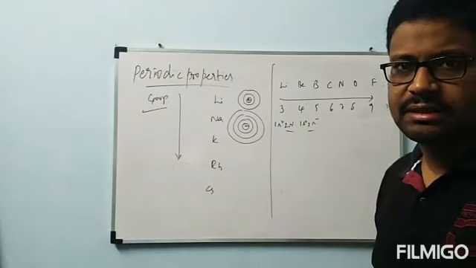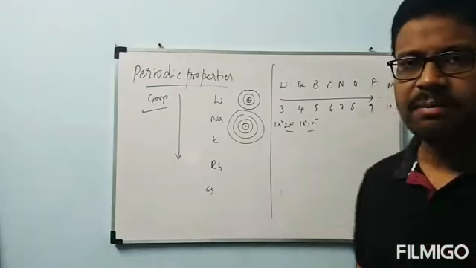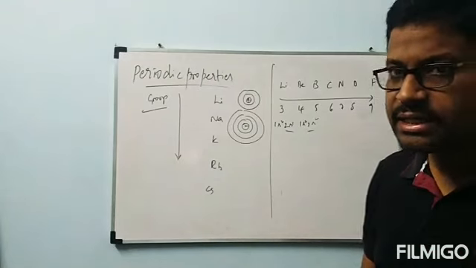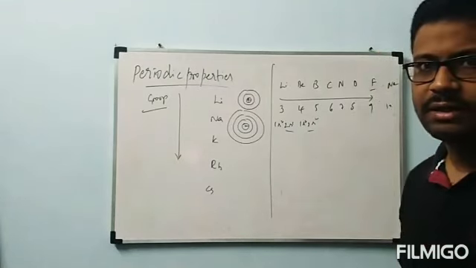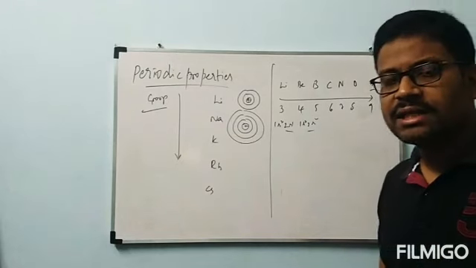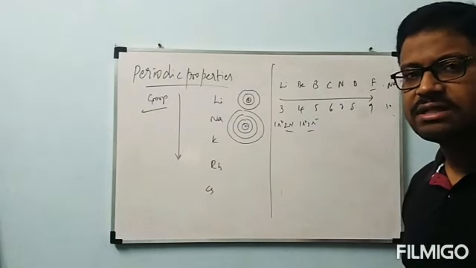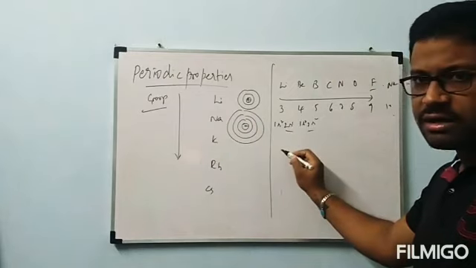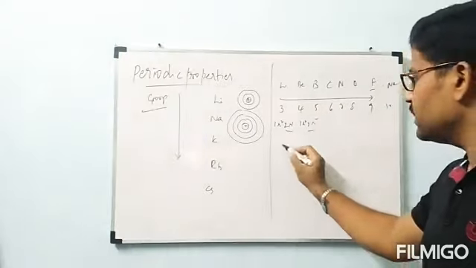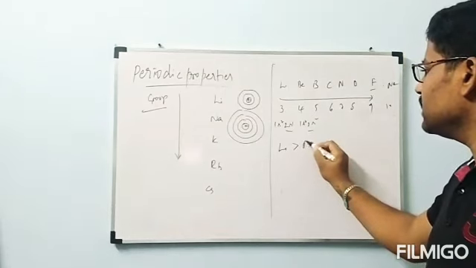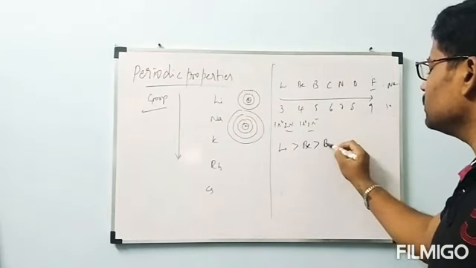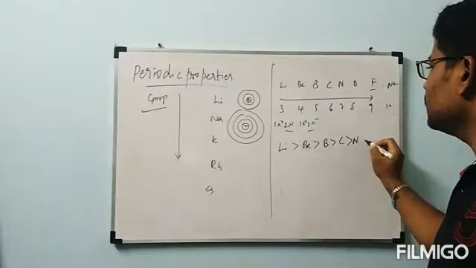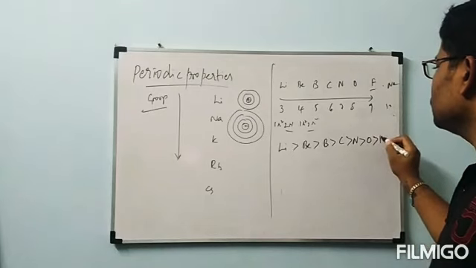So left to right in a period, atomic size decreases. That happens up to fluorine only. But for neon, we consider van der Waals radius, because van der Waals radius is useful for inert gases. So the order of atomic radius in a period: lithium is greater than beryllium, greater than boron, greater than carbon, greater than nitrogen, greater than oxygen, fluorine.